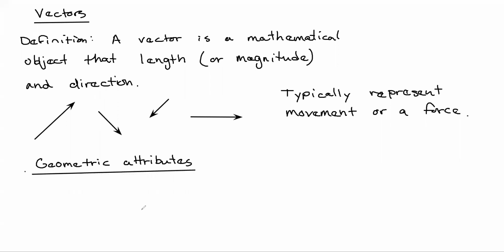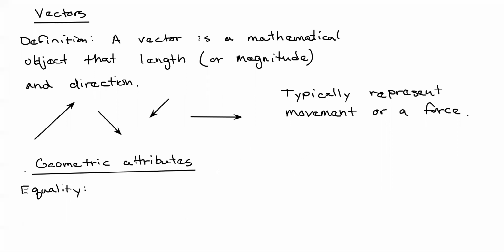The first geometric attribute we're going to look at is equality. The way that you can tell two vectors are equal by looking at them is by checking: do they have the same length and do they have the same direction?